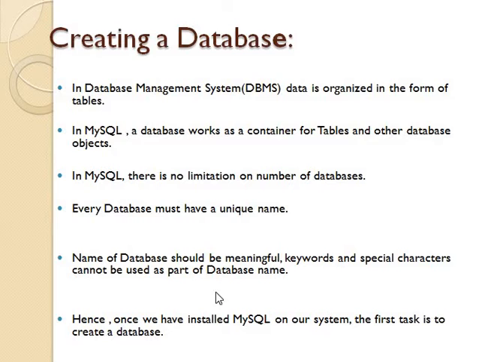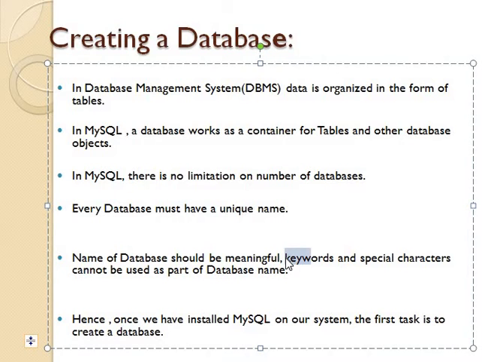Now again coming back to our slide, in addition to these keywords, the name of the database should not contain special characters. So what are those special characters? The characters such as the dollar symbol, the hash symbol, the question mark symbol. Those types of special characters cannot be used as a name for a database.